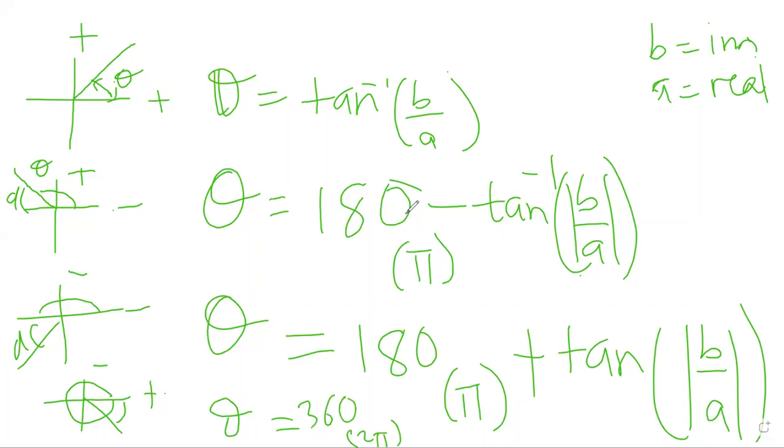So you have 360 degrees or 2 pi if you're using radians, minus the tan inverse of the absolute value of b over a.